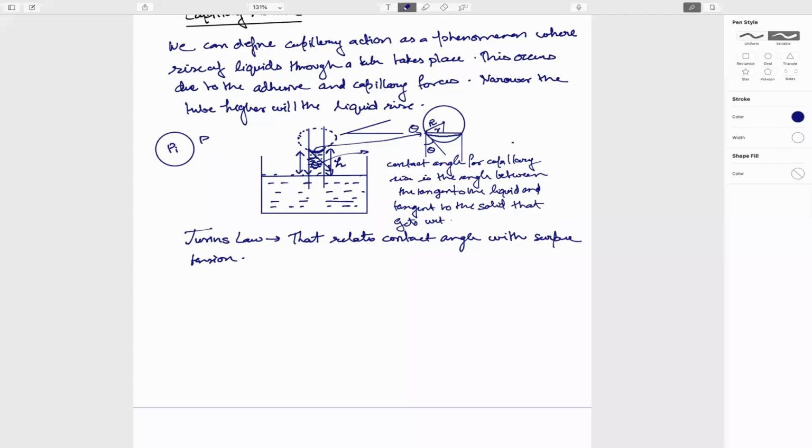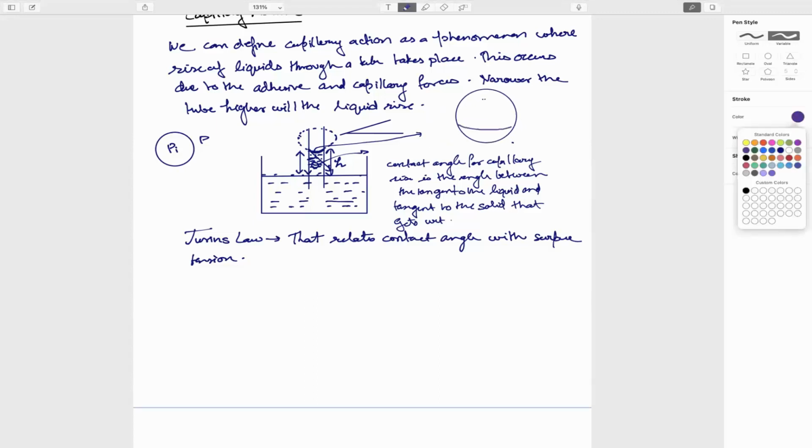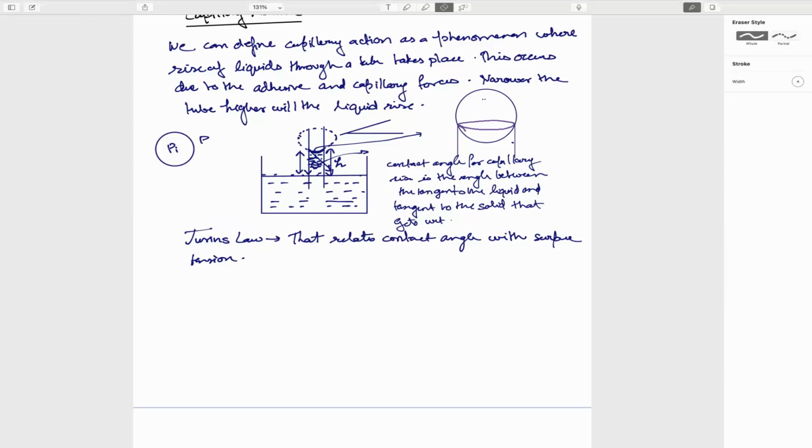So we can easily relate this. If this is theta, this is tangent to it. This is 90 degrees, and this is also 90 degrees. I can zoom it out. This is the radius of the meniscus. So this color is actually showing the meniscus, and this angle is theta.